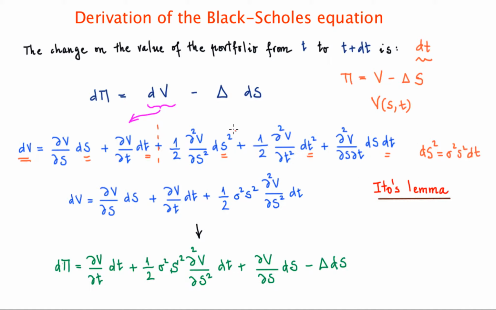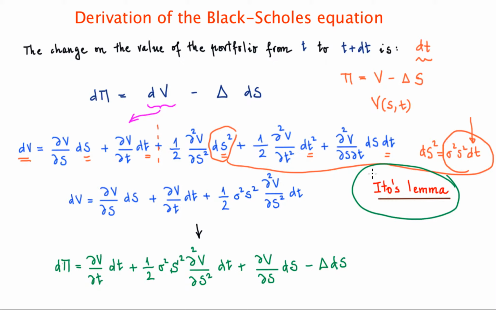So that's why, even though we have the square of ds, this is basically this one. As you can see, we need to go up to second order in ds in order to keep this linear contribution in dt due to the stochasticity of the s variable. And this is what's called Ito's lemma.